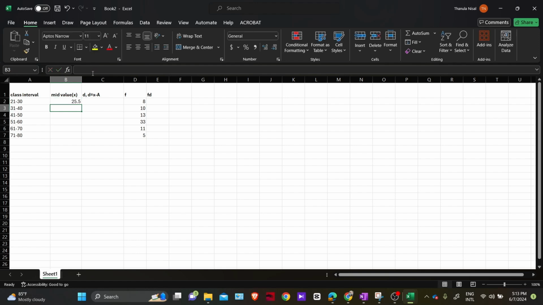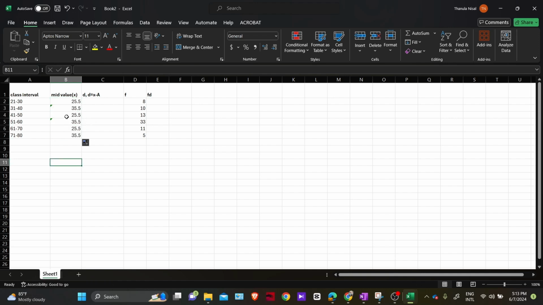It's 25.5. Similarly, 31 plus 40 over 2, right? Clear? So you can fill those spaces.